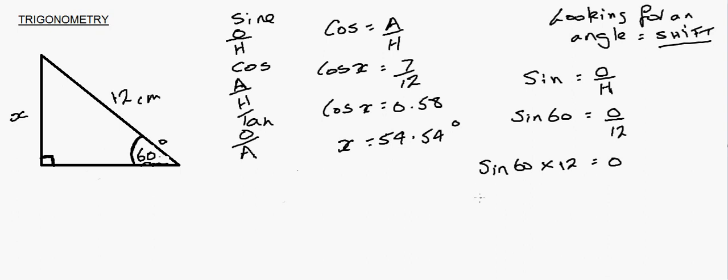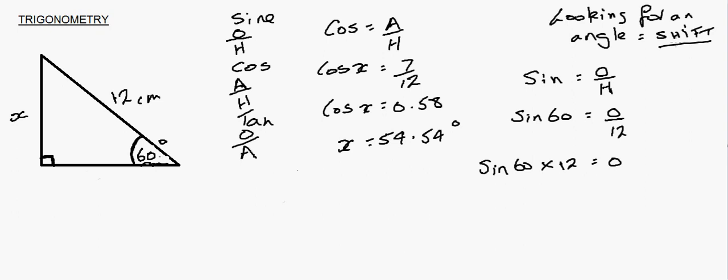Okay, so now the calculator does the work, but we're not looking for an angle, so we don't need to press shift. So what we do is we go to our calculator and we press sine 60, then we close the bracket.